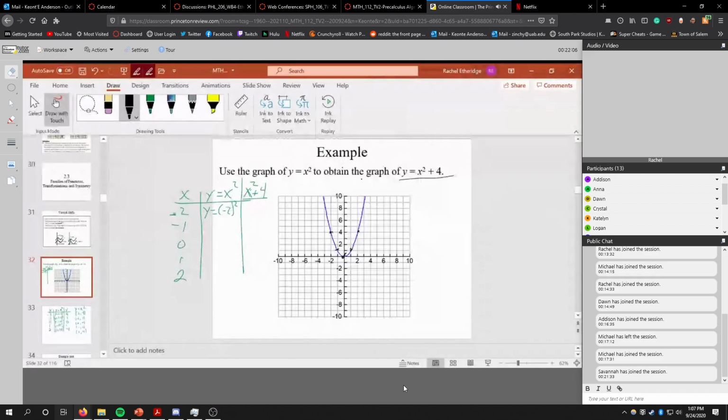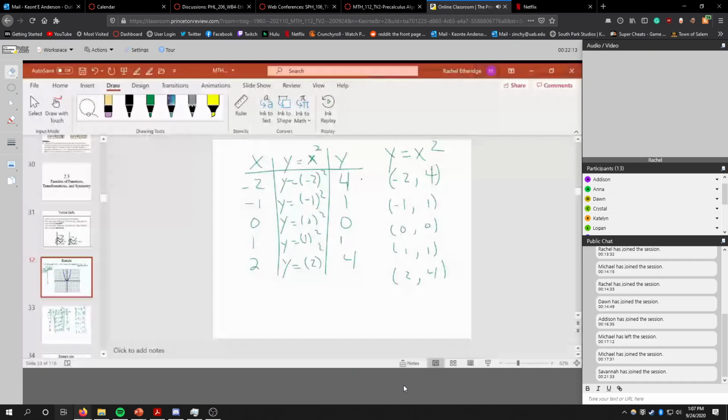This one is just x squared plus 4. So that's a vertical shift. All you would need to do is come back over here and add 4 to all of your y values.